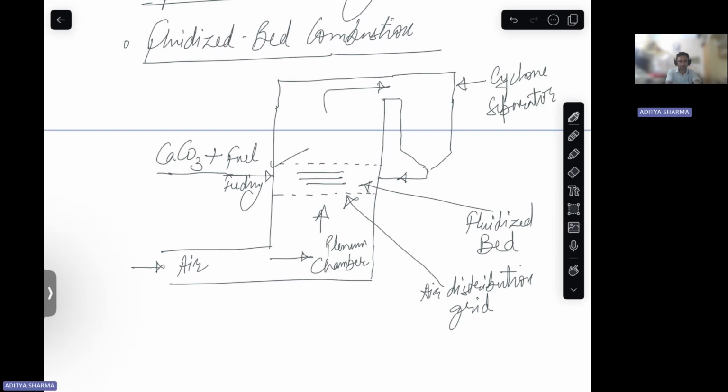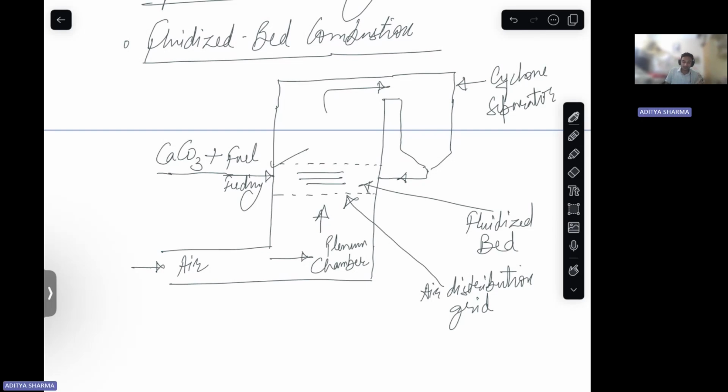Then there are expressions for how we can equate the weight of the particles in the fluid bed with the drag force that they experience. When air flows in upward direction and fluidizes these particles, how can we equate the weight of particles with the drag force, because the particles are in equilibrium, right?